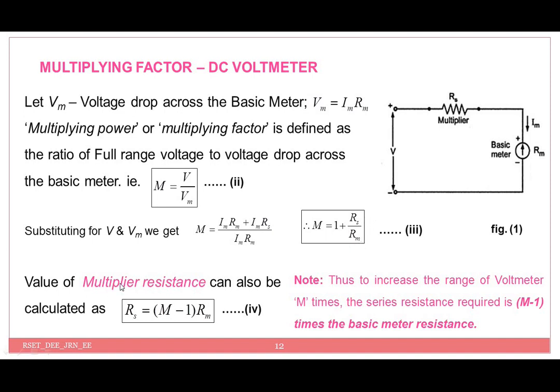Now the value of the multiplier resistance can be obtained from equation 3. On simplification, you will get Rs is equal to (M minus 1) times Rm. Thus, to increase the range of the voltmeter M times, the series resistance required is (M minus 1) times the basic resistance. So, making use of equation 4.